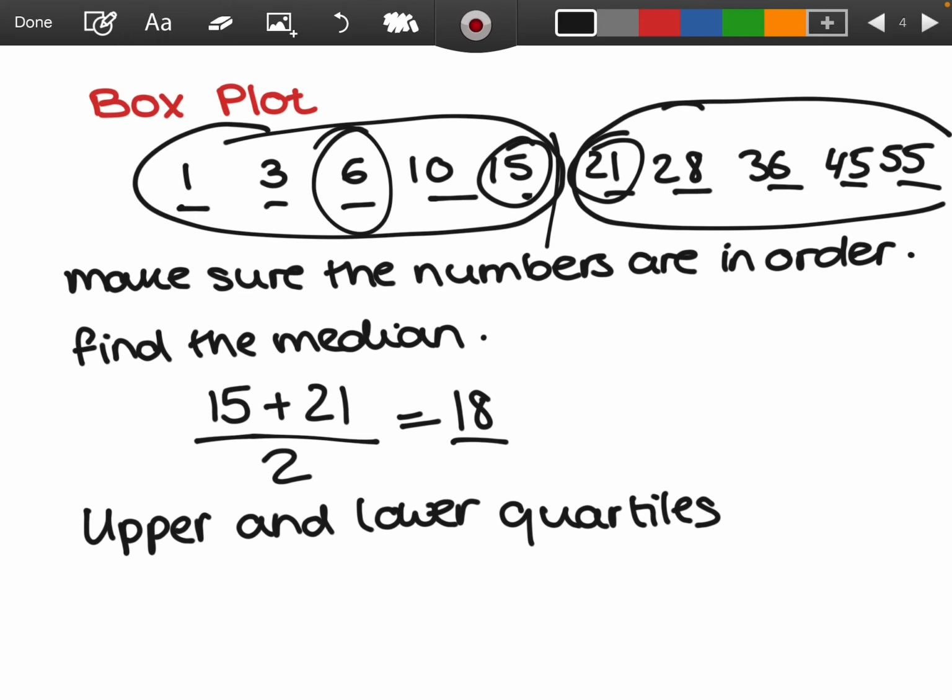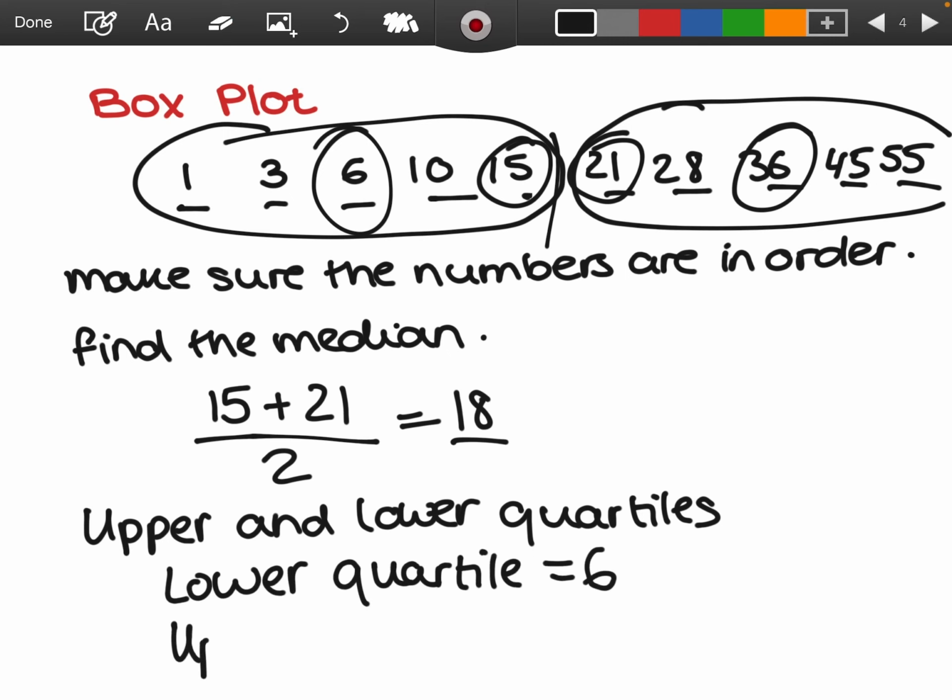Okay, same with my upper 50% of data, the higher 50% of data. So on the other side of my median, I have these 5 data points. To find their median, I'm going to pick out the middle number because there's 5, an odd number of data points. So that tells me that my lower quartile is 6 and my upper quartile is 36.